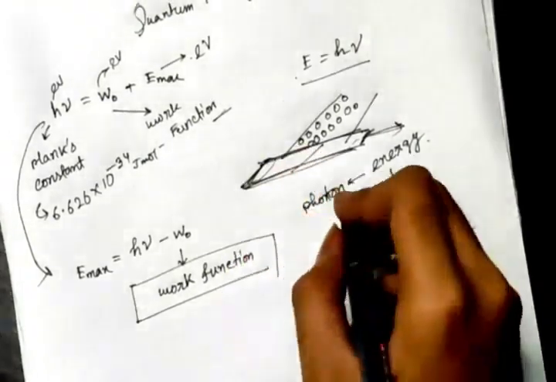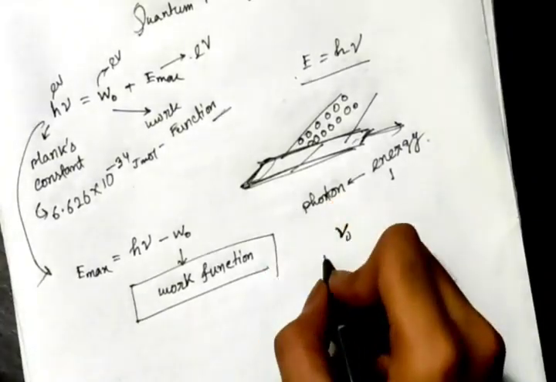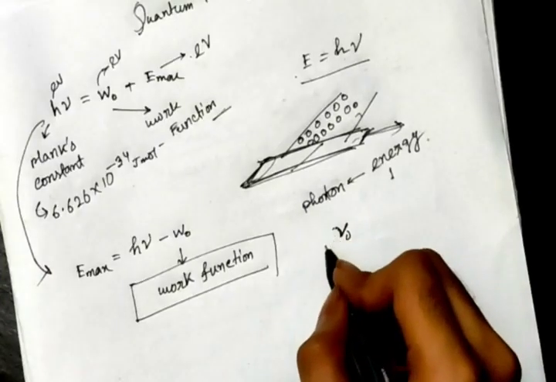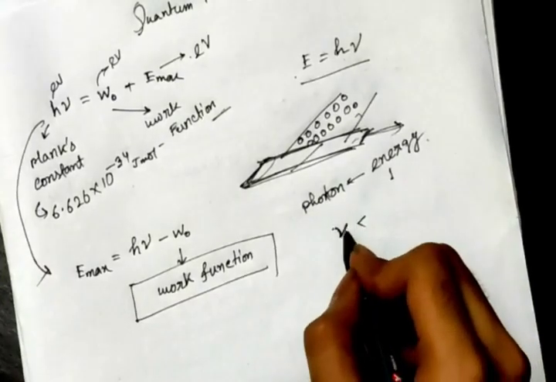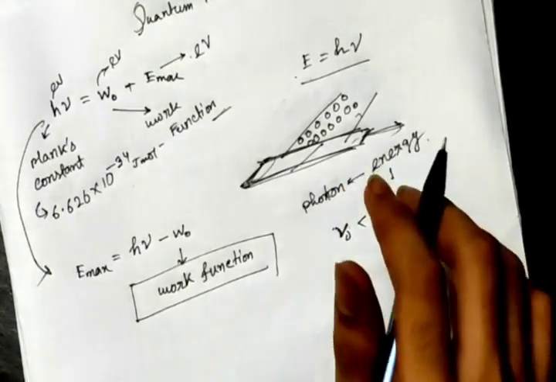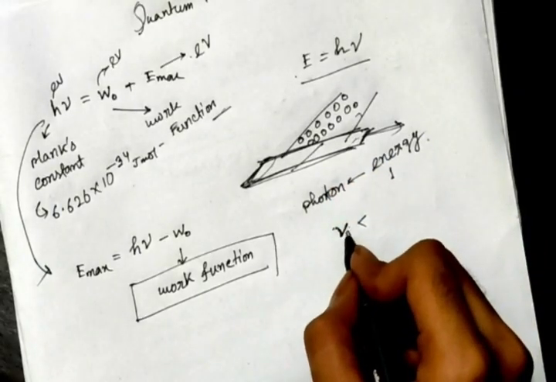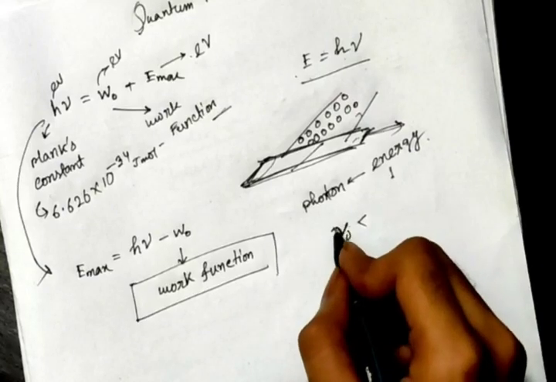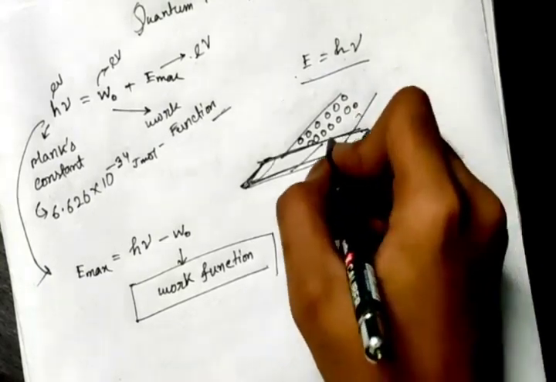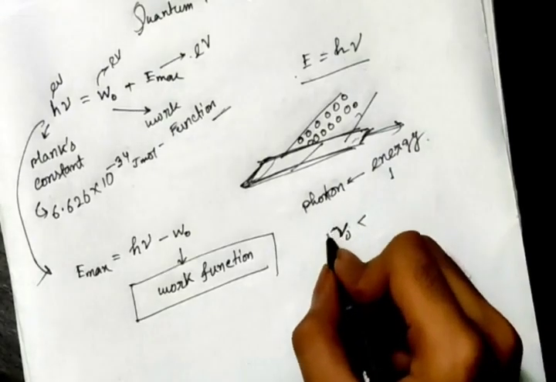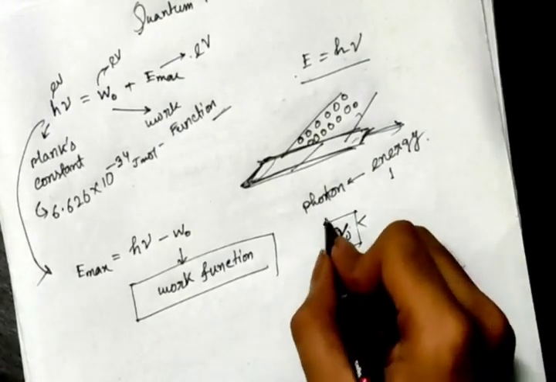What I am trying to say is, if light with a frequency less than this is propagating on it, the photoelectric event will not happen. The light propagating on it must have a frequency greater than or equal to it.